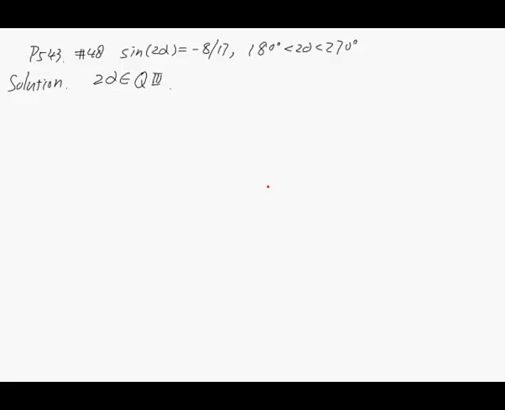In quadrant 3, cosine of 2 alpha is negative. So first, let's get the cosine of 2 alpha by the fundamental identity. Cosine of 2 alpha is equal to negative square root of 1 minus sine square of 2 alpha.